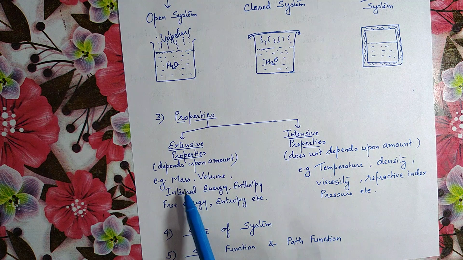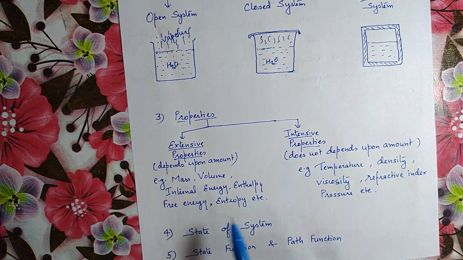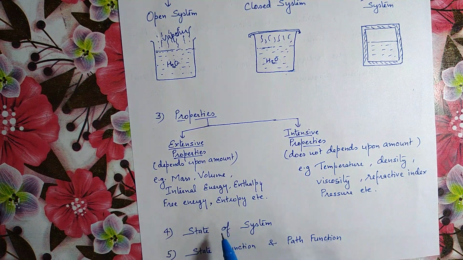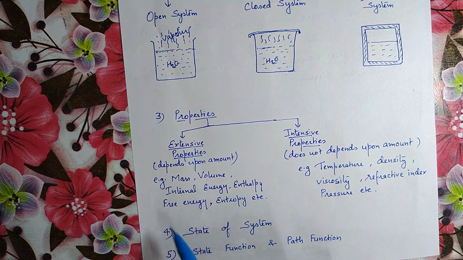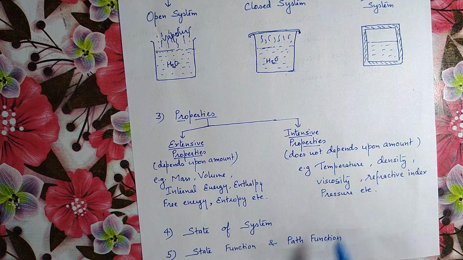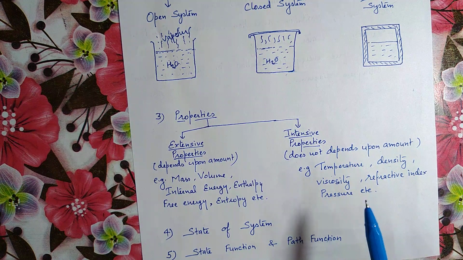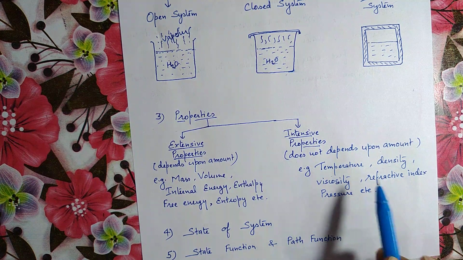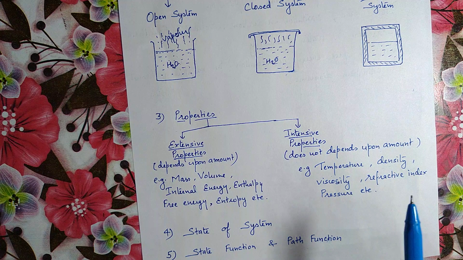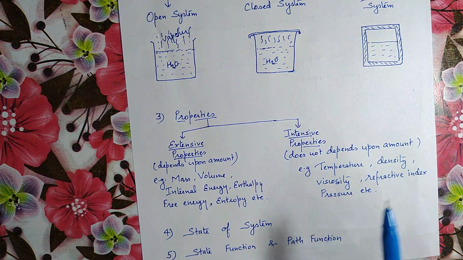For example, mass, volume, internal energy, enthalpy, free energy, entropy, these are the extensive properties of the system. But temperature, density, viscosity, refractive index, pressure, etc., these are intensive properties. It means they do not depend upon the amount of matter present in the system.